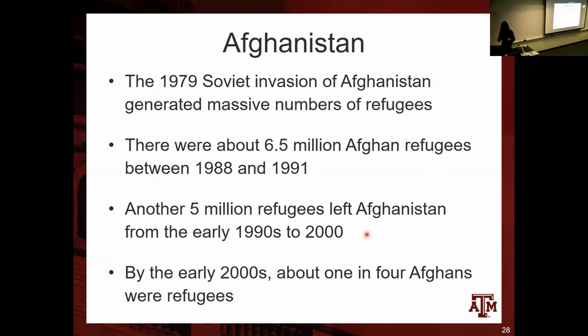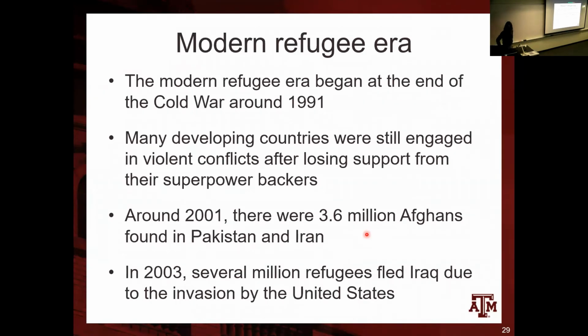And then, after the US invaded Afghanistan, the same thing kept happening. People getting out, right? And creating all these international migration flows. The modern refugee era began at the end of the Cold War around 1991. Many developing countries were still engaged in violent conflicts after losing support from the Soviet Union, for example.